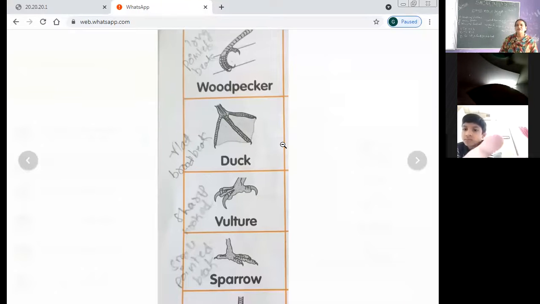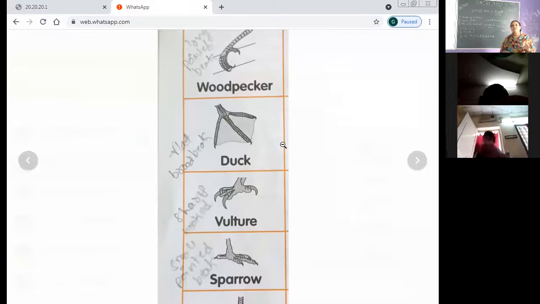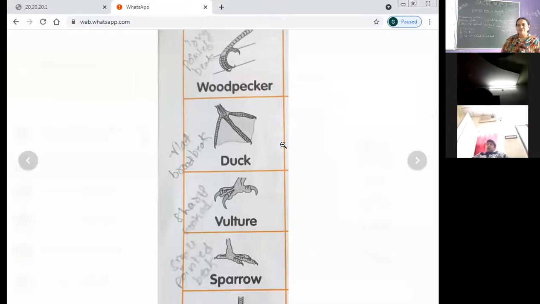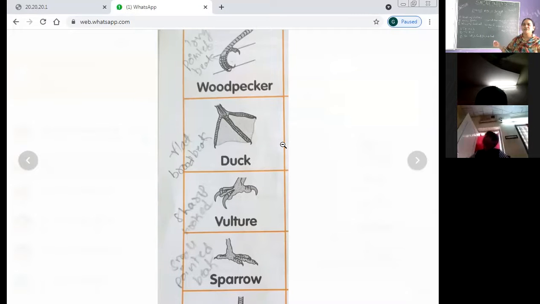So they have webbed feet. The birds which live in water have webbed feet. It helps in swimming and pushing back the water. That is the use of webbed feet for the birds which live in water.